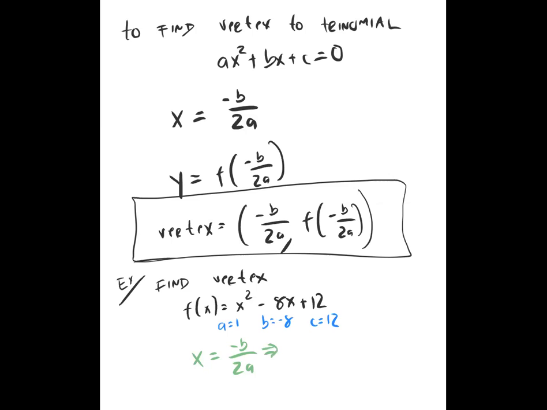In other words, it equals what? Negative, and then we have a -8 over 2 times 1, right? And those two negatives turn into a positive. So now it's 8 over 2, or in other words, 4. So our x is 4.